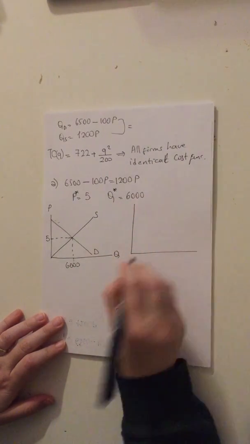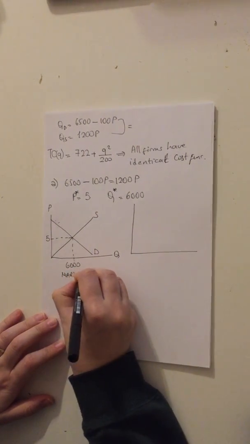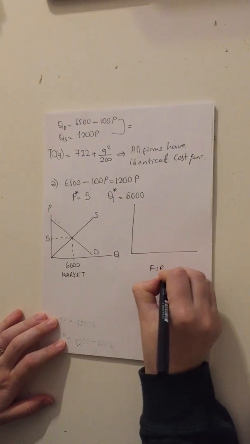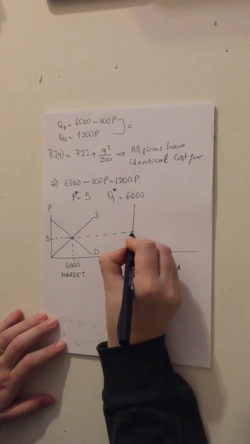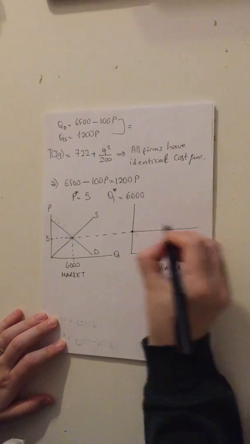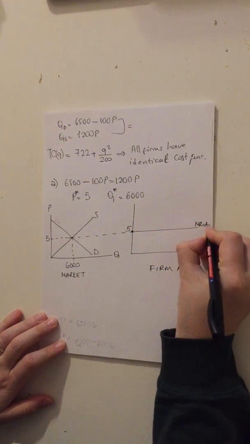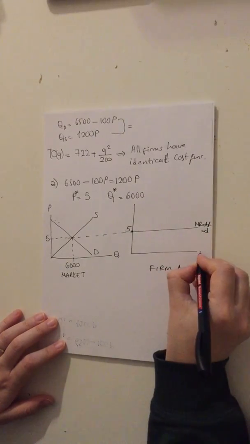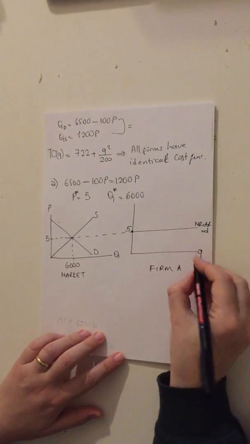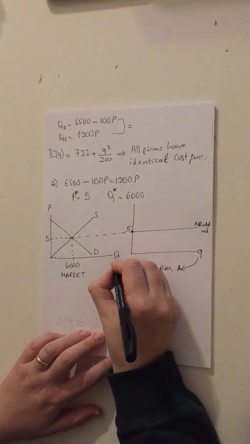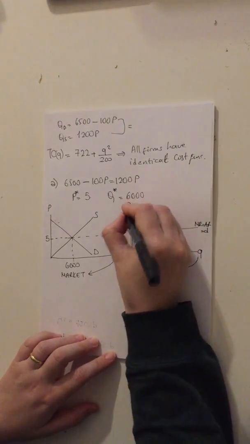Here we will see a typical firm, that is market or industry. And here let's say we have a firm A which has to accept that 5 units price as marginal revenue, average revenue, and demand faced by the firm. Here we are using small q because that belongs to firm A. Here we are using capital Q because it belongs to market.